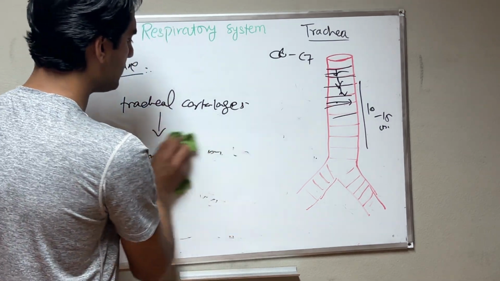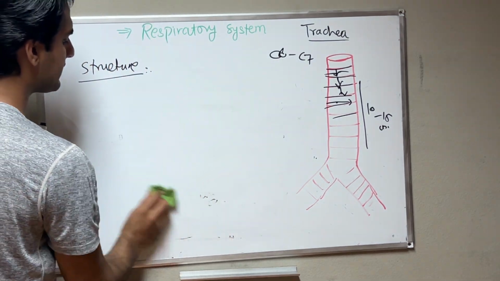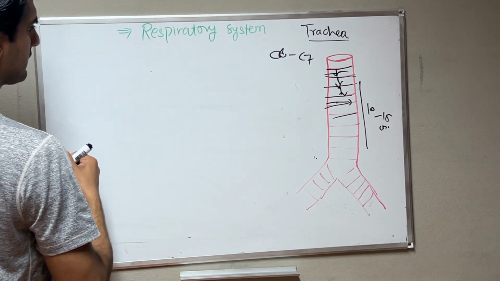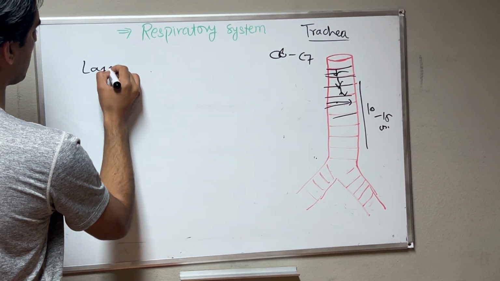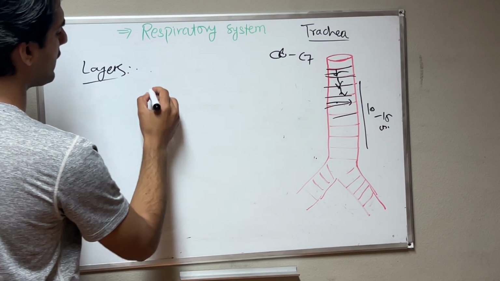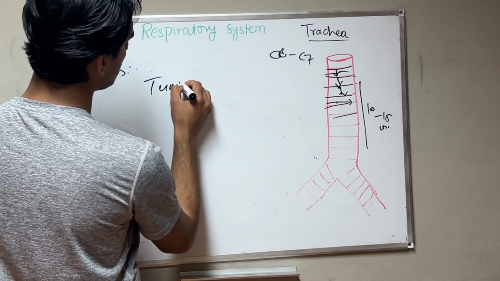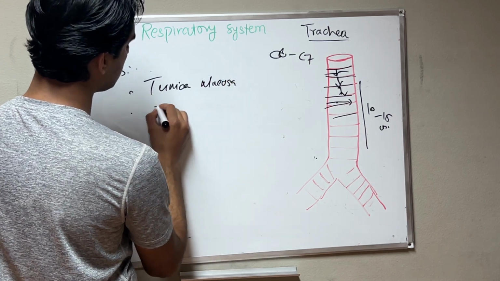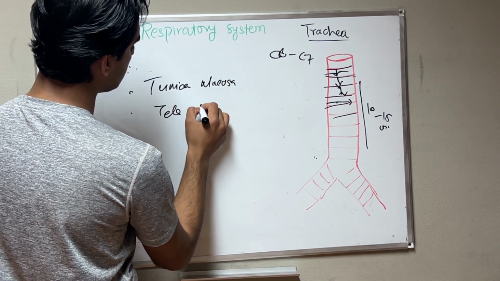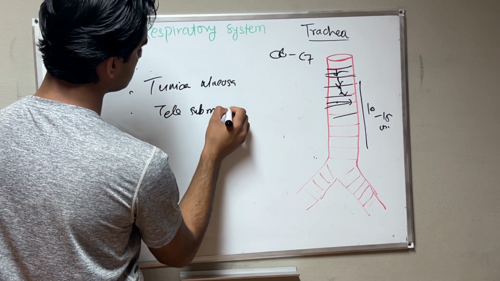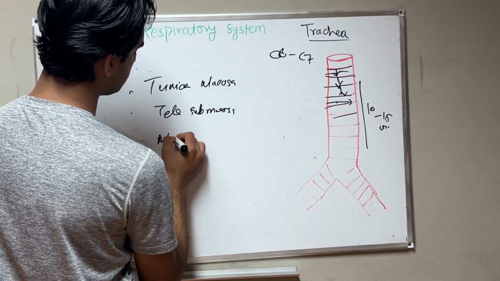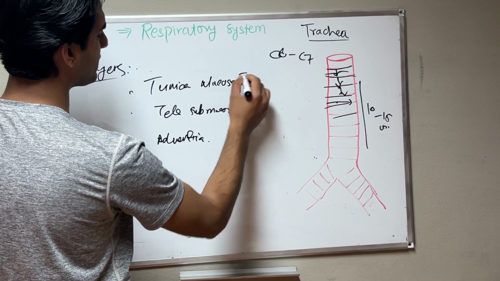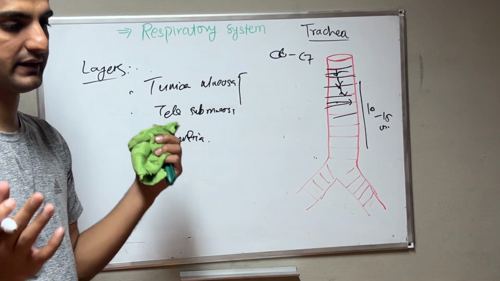Now if we talk about the layers of the trachea, we have the tunica mucosa, the tela submucosa and the adventitia. In the tunica mucosa we have respiratory epithelium.